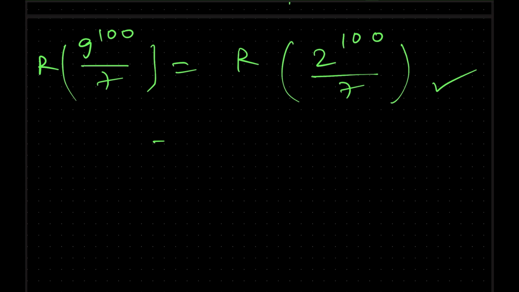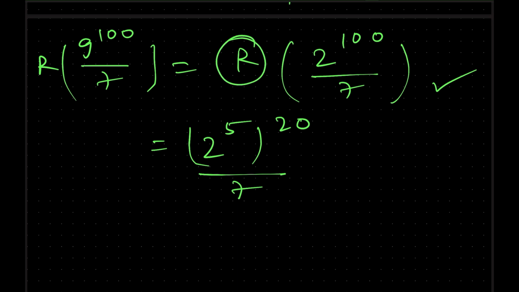So like 2 to the power of 100. If we take out 5 and 20 from the exponent, we are using the exponent rule, so we are having no problem. So 2 to the power 5 gives us 32 to the power 20 by 7.